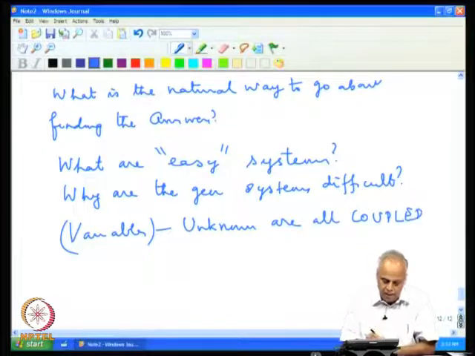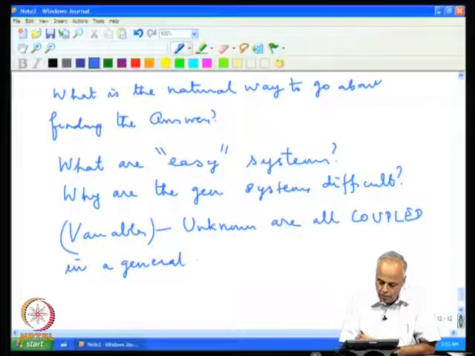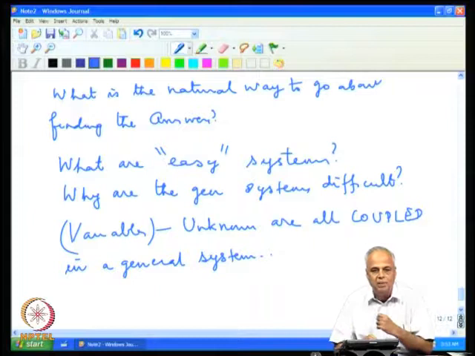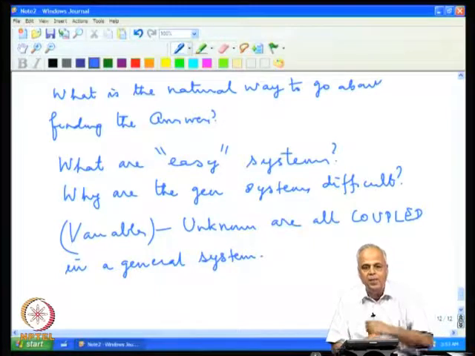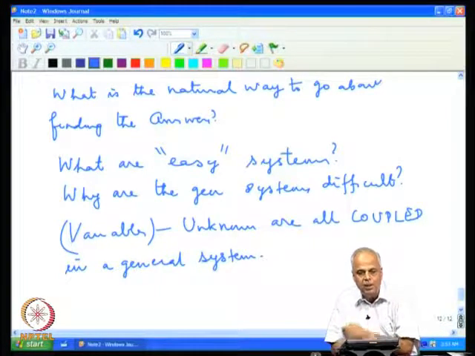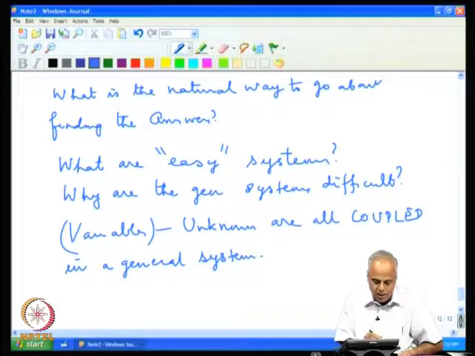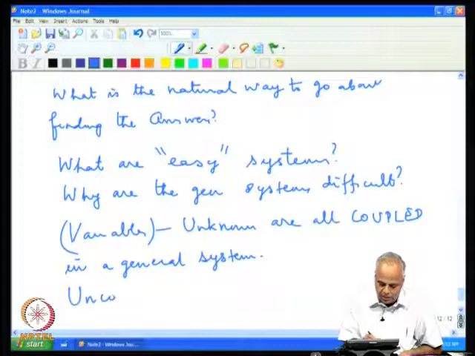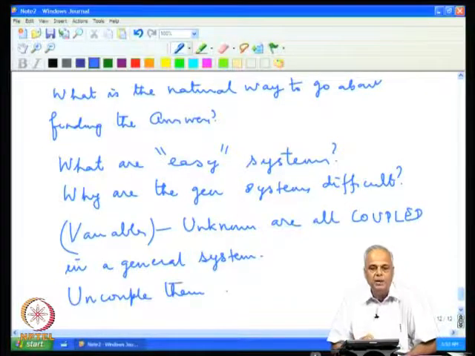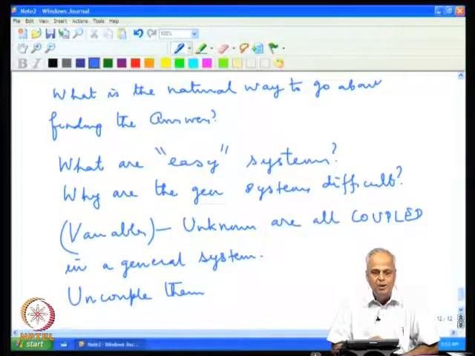What do we mean by solving the system? We want to get x1 separately, x2 separately, x3 separately, x4 separately, and so on. That means we want to uncouple them. That is essentially what is meant by solving a system.